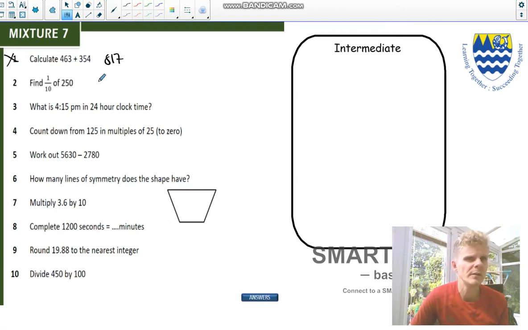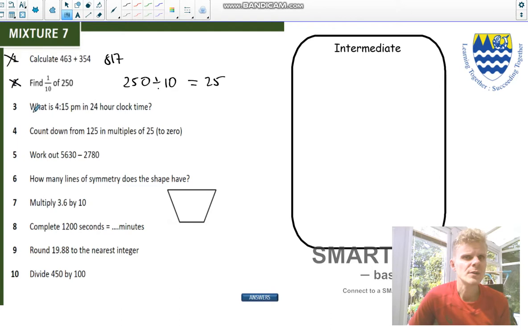So really all this means is something that you probably know how to do for ages, 250 divided by 10, to break it up into 10 equal bits. So 250 divided by 10 is just 25, because if we divide something by 10, we can just move all of the digits one place to the right in the columns, and we end up with 25.